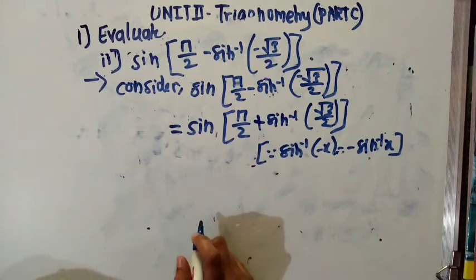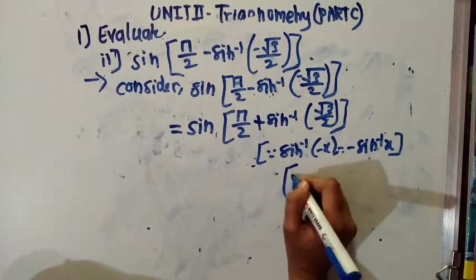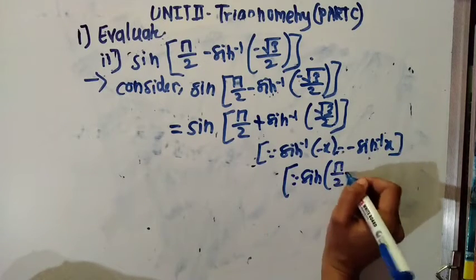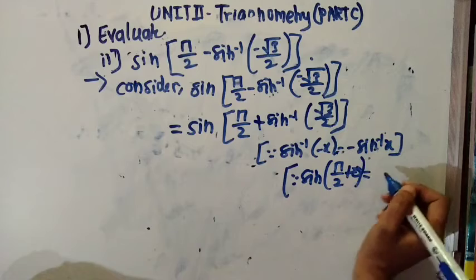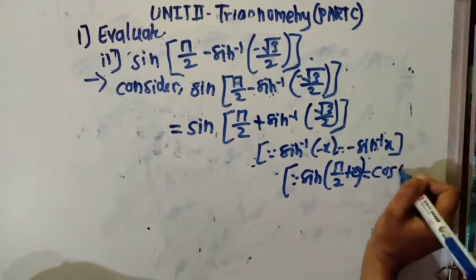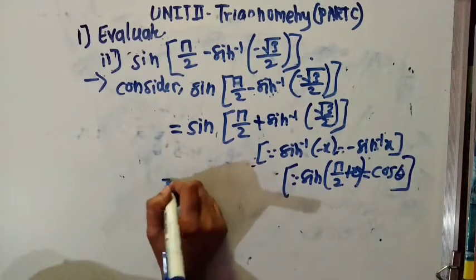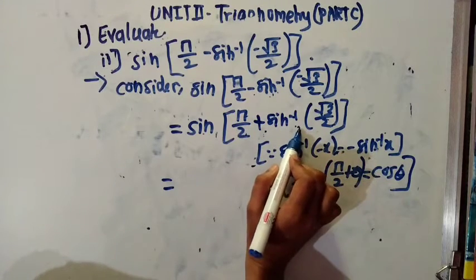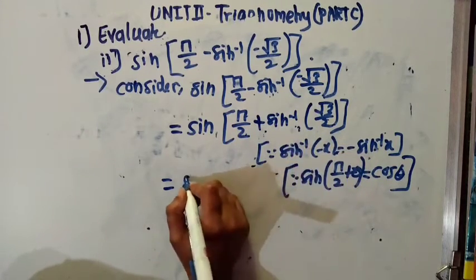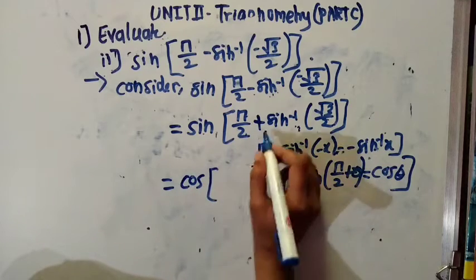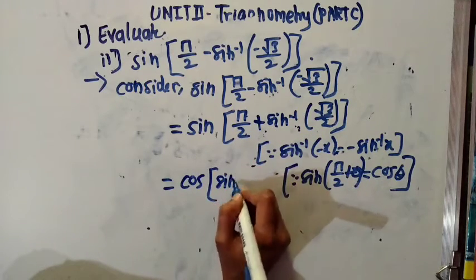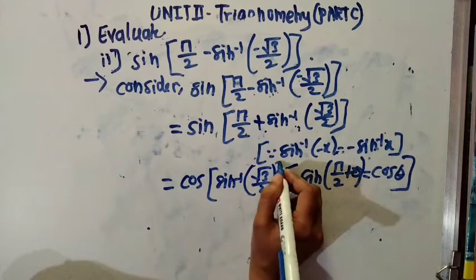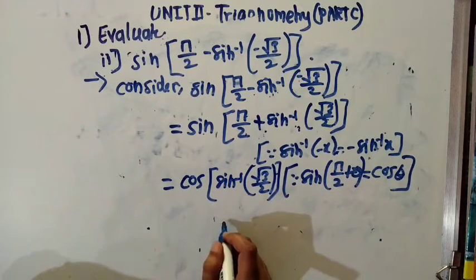Since we know that sin of pi by 2 plus theta is equal to cos theta, this is equal to cos of sin inverse of root 3 upon 2.